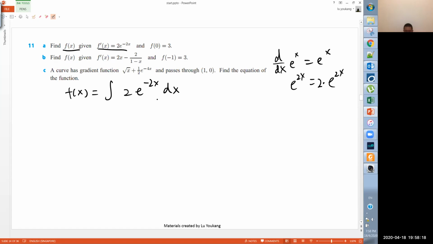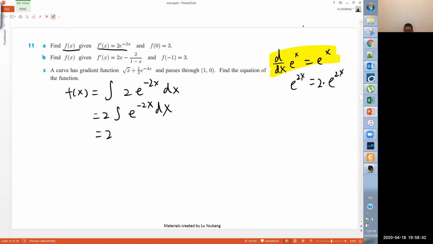Okay? So you can actually take out the 2 out of the integration sign and just integrate e to the power of minus 2x. And you just look at this. When you differentiate e^x, you get e^x.